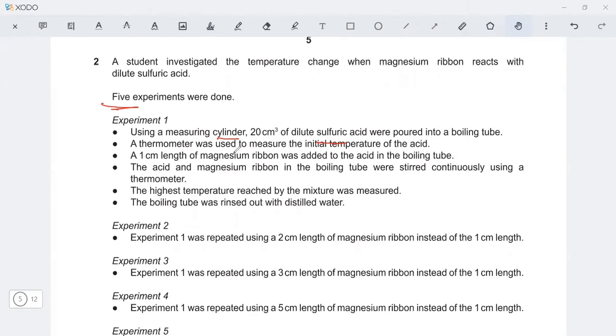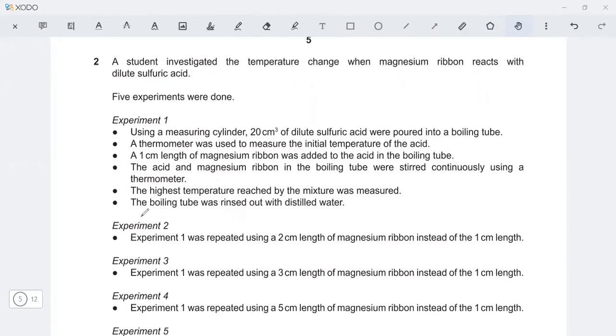A thermometer was used to measure the initial temperature of the acid. 1 centimeter length of magnesium ribbon was added to the acid in the boiling tube. The acid and the magnesium ribbon in the boiling tube were stirred continuously using a thermometer. The highest temperature reached by the mixture was measured. The boiling tube was rinsed out with distilled water.